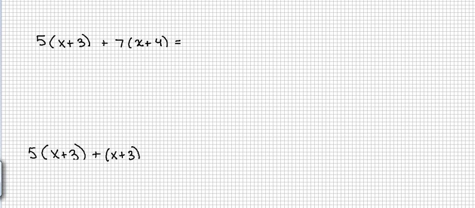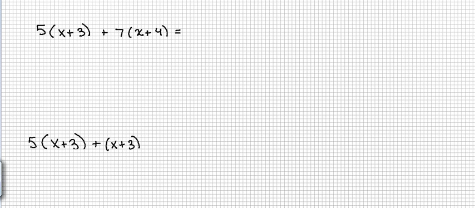Okay, so let's solve this one. So the big question here is can this be simplified? Can we make this problem any more simpler? So we're going to try to show that we can't by expanding.